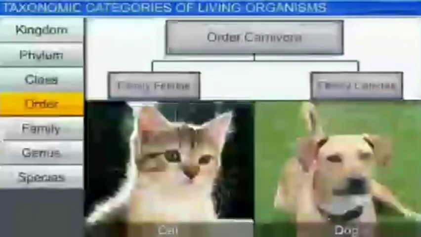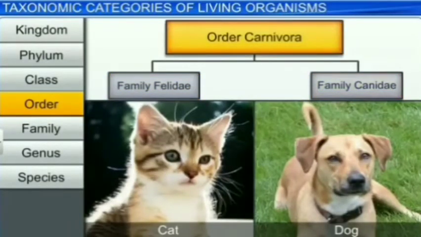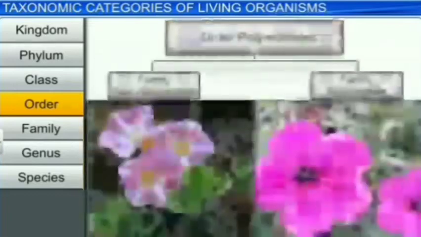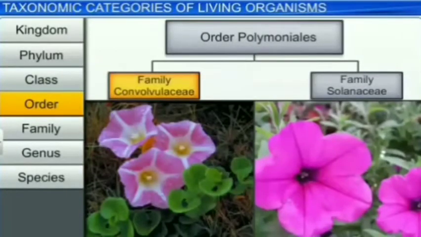Similarly, families like Felidae and Canidae are included in the order Carnivora, while plant families like Convolvulaceae and Solanaceae are included in the order Polemoniales on the basis of floral characters.